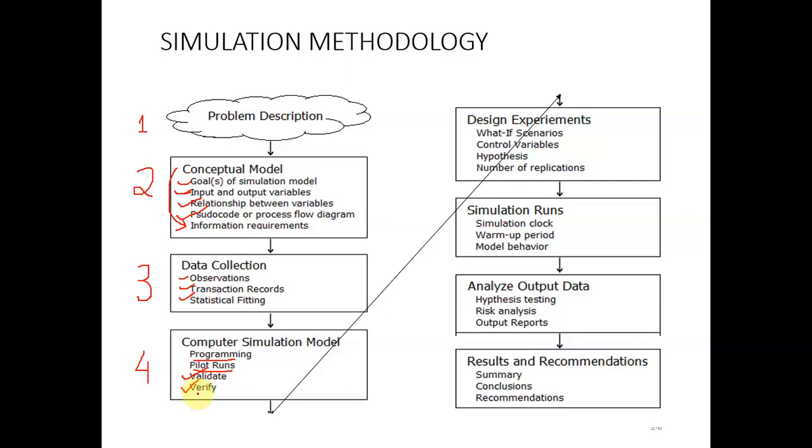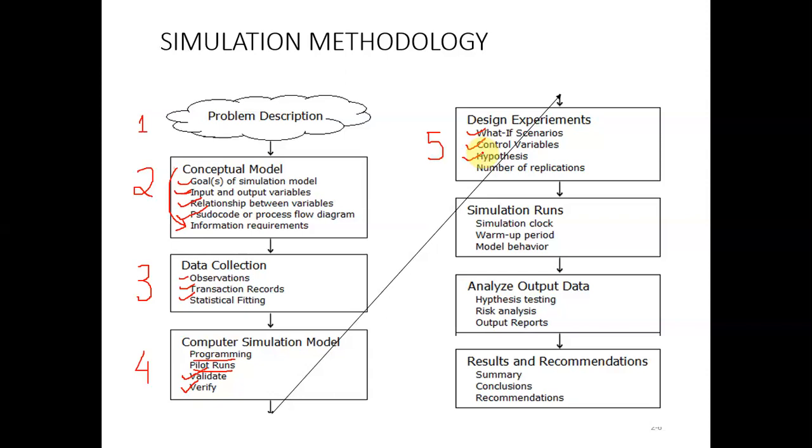So once your simulation model is ready, you have validated and verified it, now is the time to design the experiments. Basically the what-if scenario analysis, seeing any control variable that needs to be kept constant, and then you generate hypotheses.